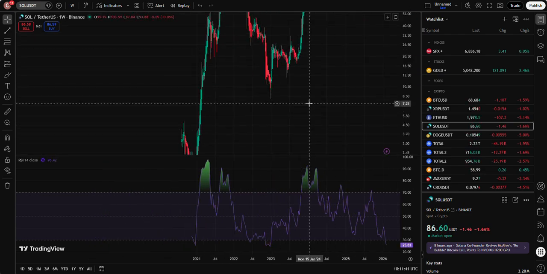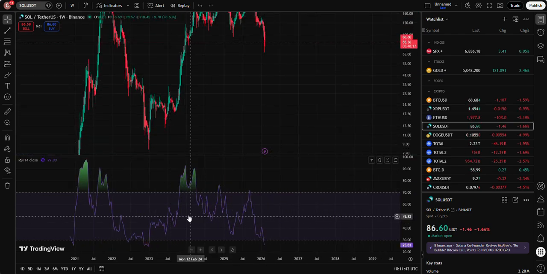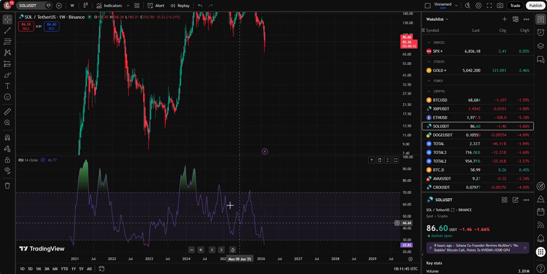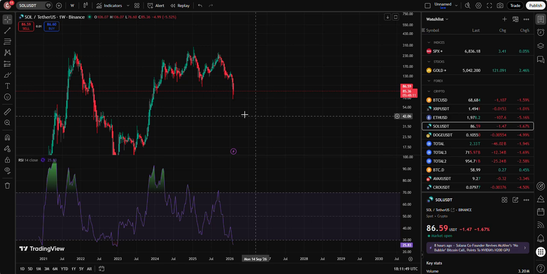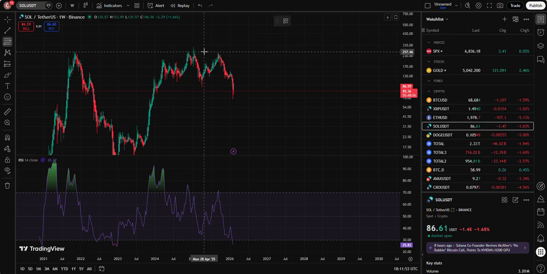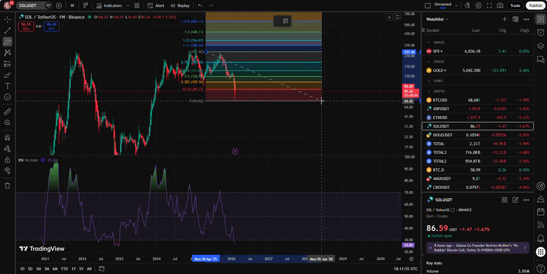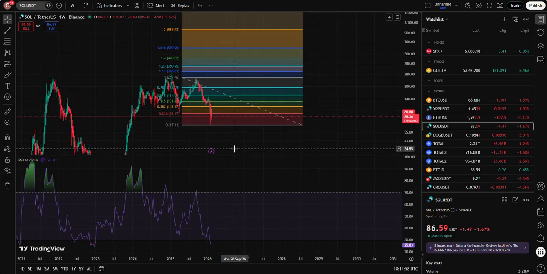Here is like that. Here is like that, and from this point is like that. So pretty sure we have a so-called hidden bullish. And if we take this point until here, theoretically we should come back in this area 0.786.